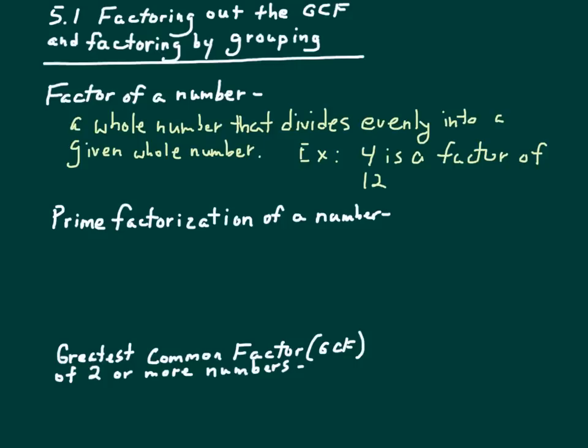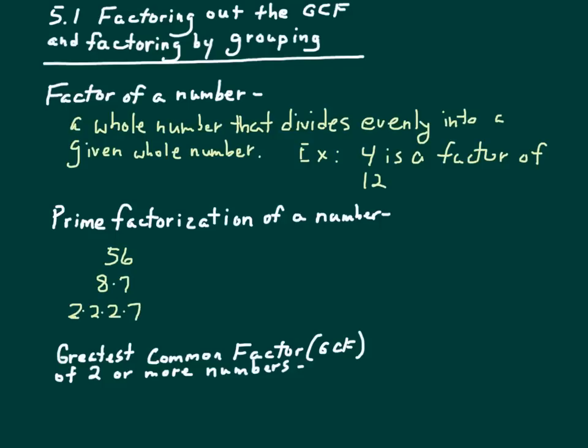So let's talk about a prime factorization of numbers. That's breaking a number down into the product of its prime factors. So let's take a number such as 56. Now 56, you'll recall, is 8 times 7, and 8 can be expressed as 2 times 2 times 2, times 7.